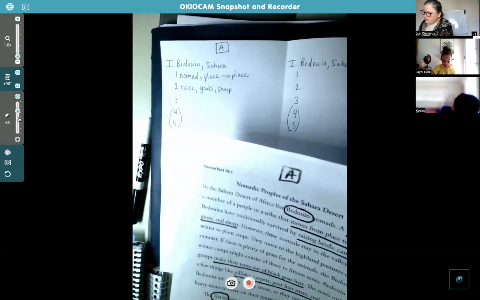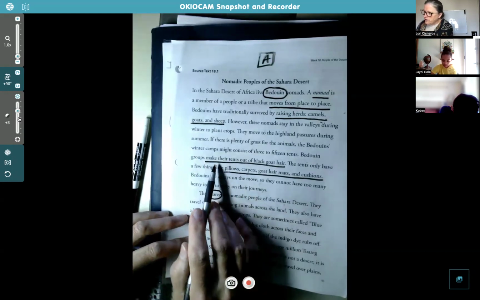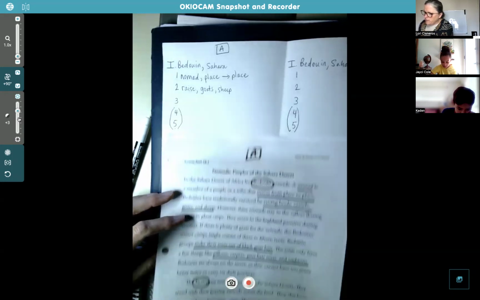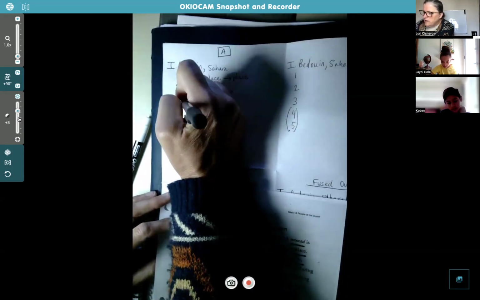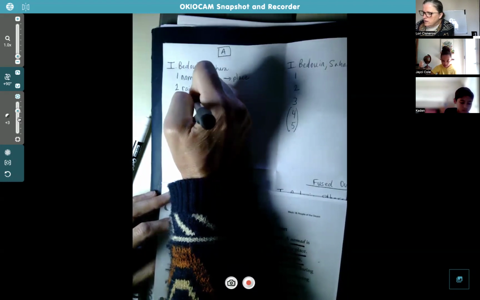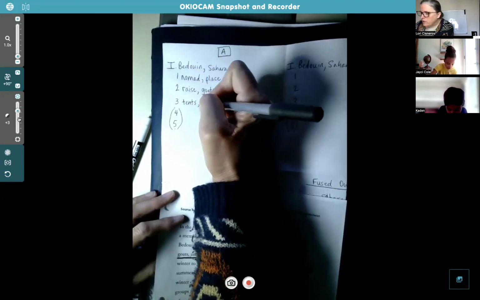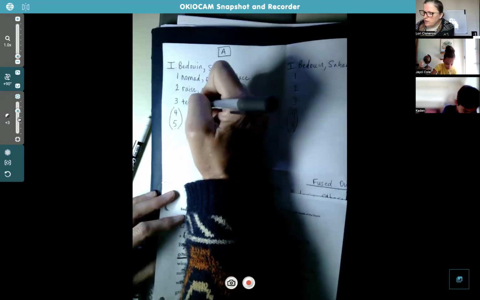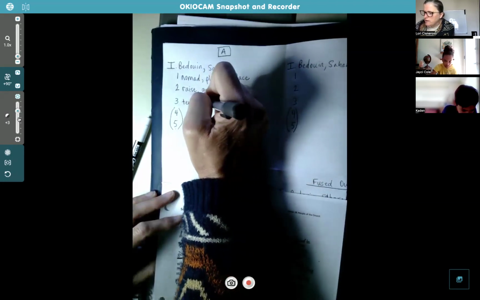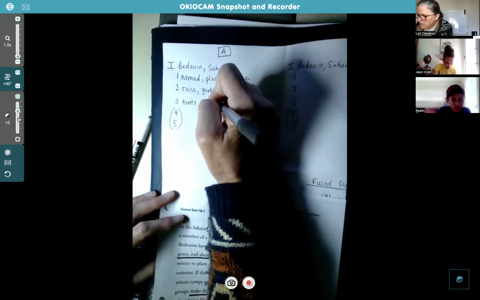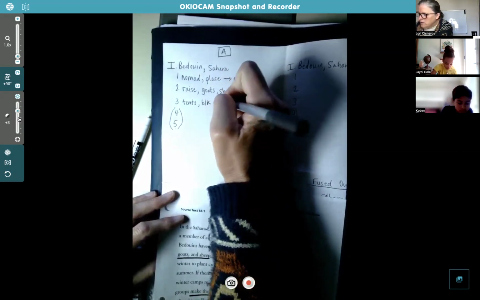Okay, and then the next fact, I jumped down here. They make their tents out of black goat hair. So I'm going to put tents, or you can draw a tent if you want. And then for the word black, I'm going to put BLK goat hair.